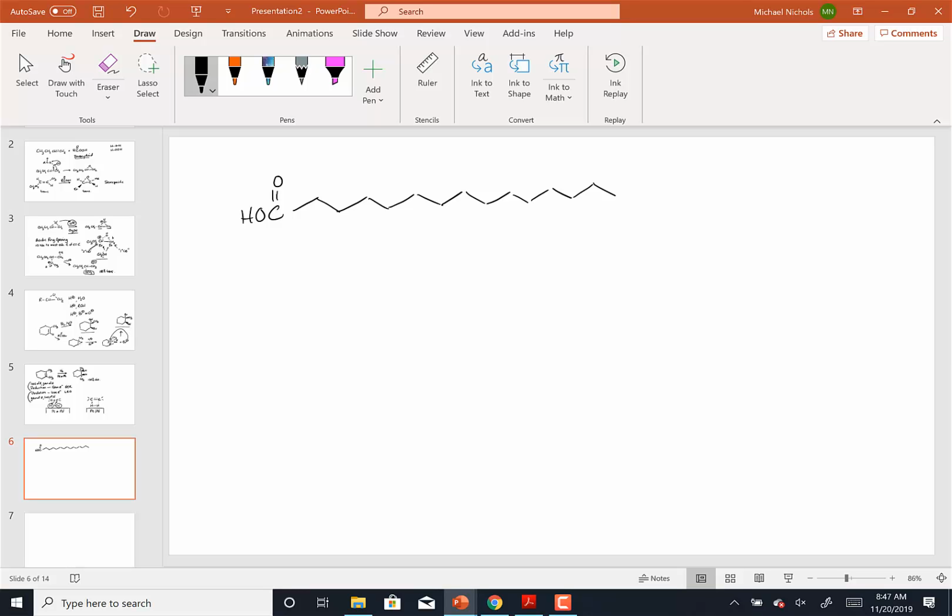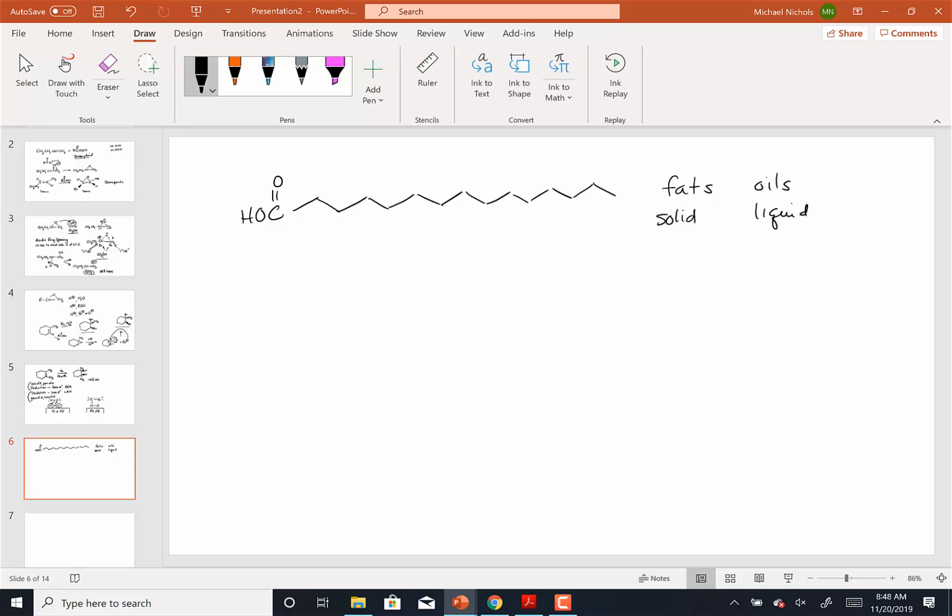Those long-chain fatty acids can either be fats or they can be oils. The real technical definition is a fat is a solid, an oil is a liquid. That's how we define the difference between a fat and an oil. So you have lots of these that can occur.